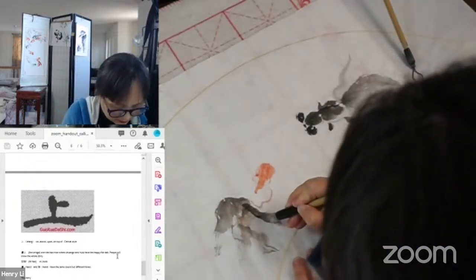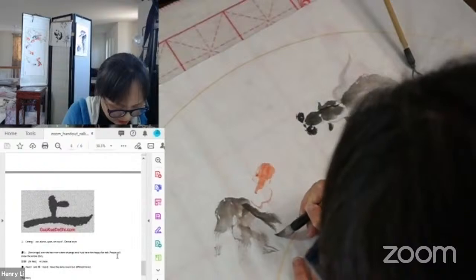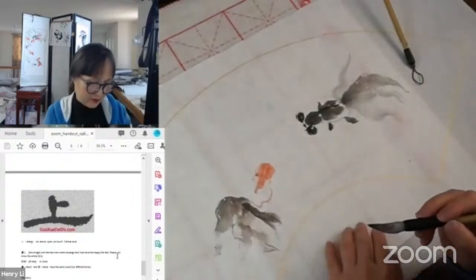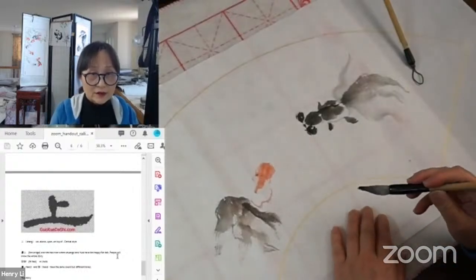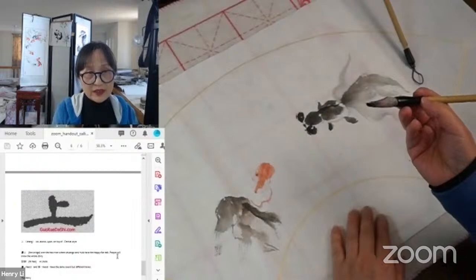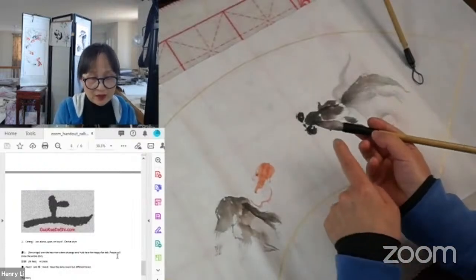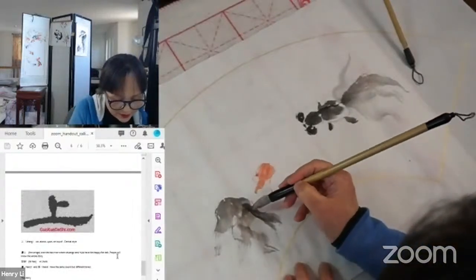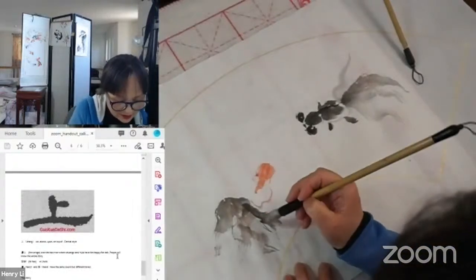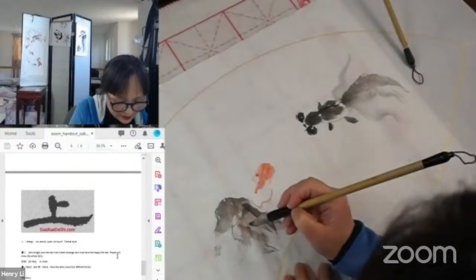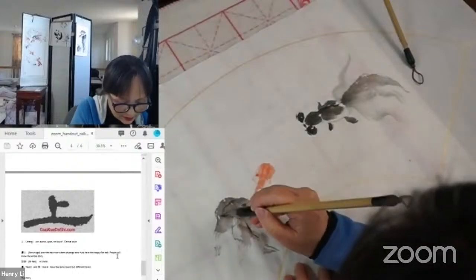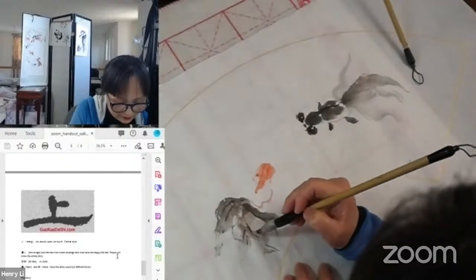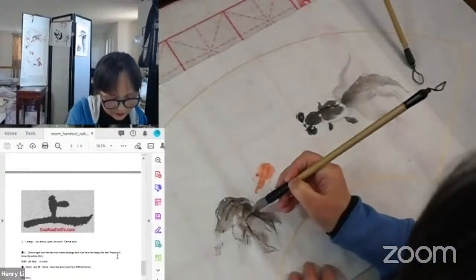Sometimes if you think you need, you can do two strokes together for the tail. Or when it becomes dry and the brush becomes split, you can actually add some line things to do like the leaf wing thing. Very subjective.